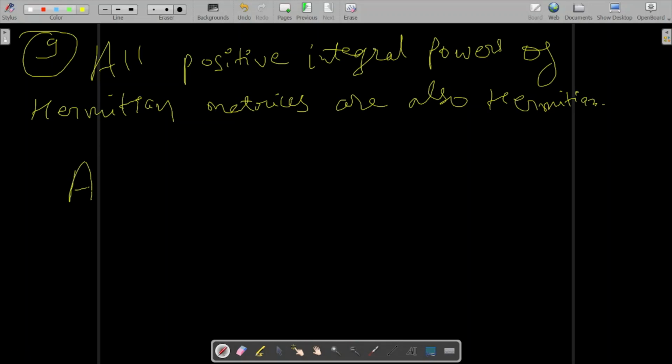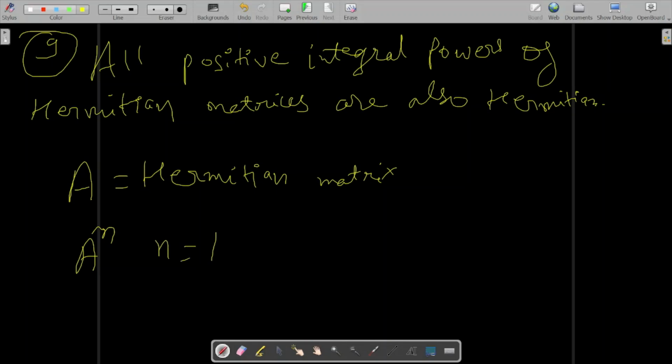Suppose A is a Hermitian matrix. Then all positive integral powers, so suppose I take A to the power n, where n is a positive integer, meaning 1, 2, 3, 4 and so on.